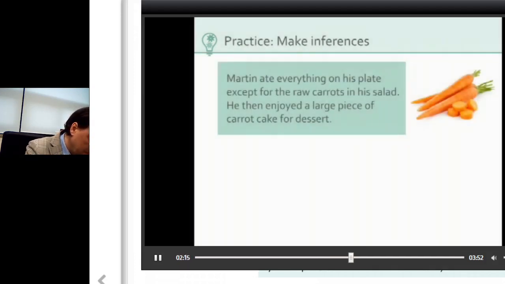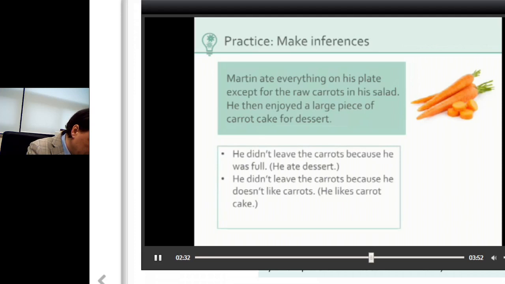Now read about this situation. What can you infer about Martin's feelings towards carrots? Well, what does the author suggest, and what do we already know? Because Martin ate dessert, we can infer that he was still hungry.